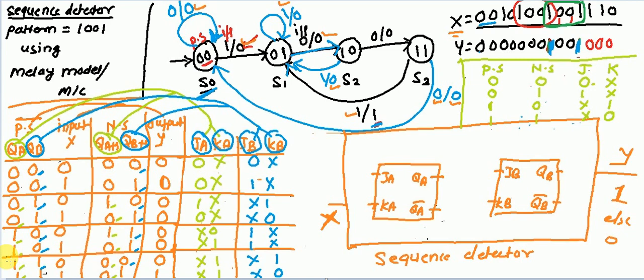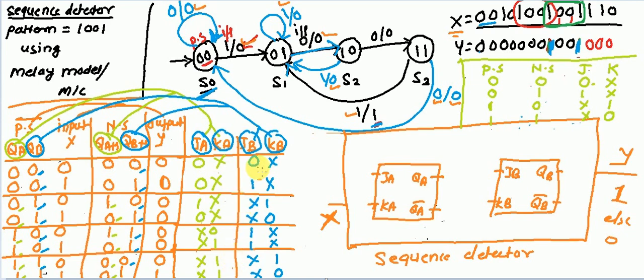If present state is 1, next state is 0, JA is don't care, K is 1.